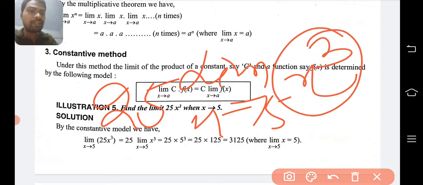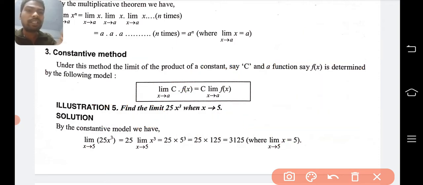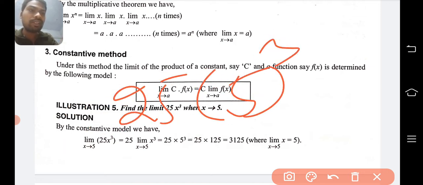Clear? Right now you put the value of x equal to 5 here. So what are you going to get? You are going to get 25 into 5 to the power 3. Then 5 to the power 3 equals how much? 125.